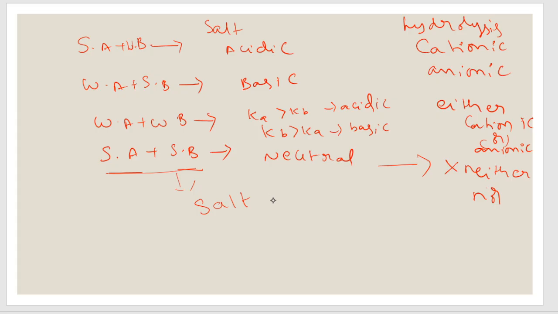Though there are four possibilities, we discussed only three cases because the salt of strong acid and strong base does not undergo salt hydrolysis. Okay, this is the conclusion. You should definitely have an idea about the weak acids, weak bases, strong acids and strong bases. Then only you will have the idea of salt hydrolysis.